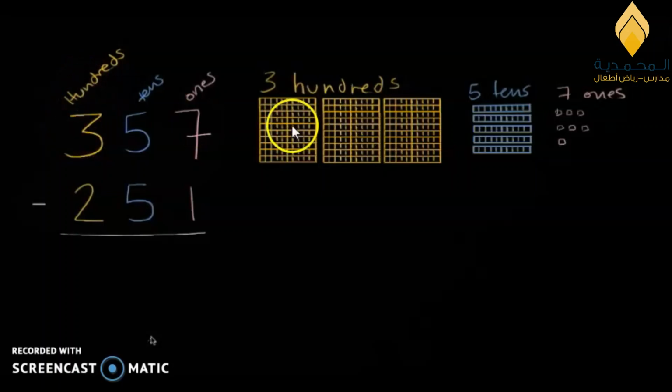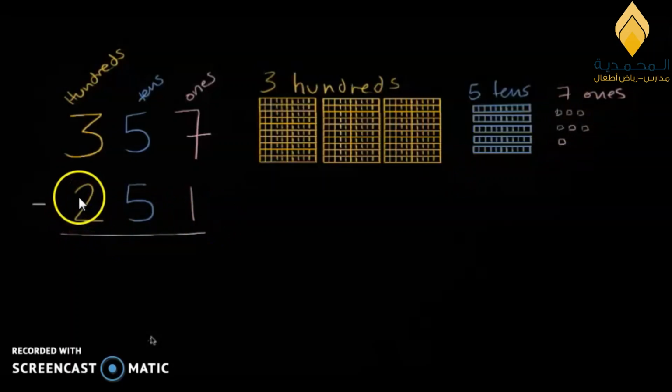This is 100, 200, 300. And we have 5 tens, 1, 2, 3, 4, 5 tens, as you can see. And here 7 ones, because 7 is in the ones place. That represents 1, 2, 3, 4, 5, 6, 7 ones.